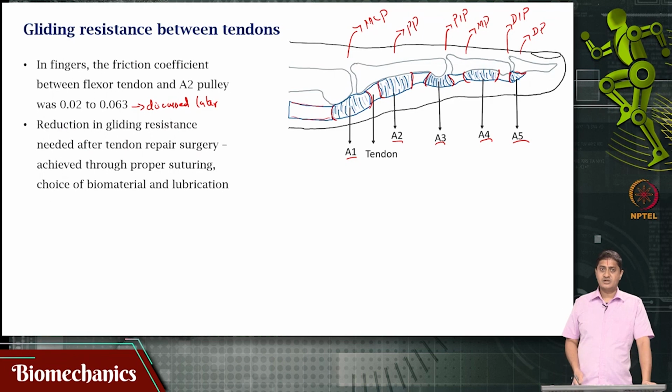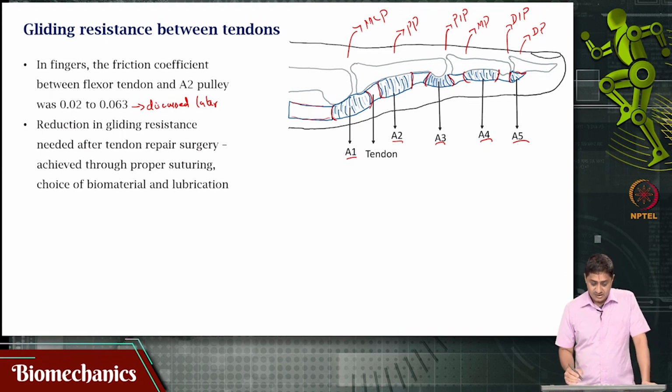The proximal phalange is called PP and the middle phalange is called MP. Just check this once. So, these are the 5 pulleys that are of interest for us: A1 pulley, A2 pulley, A3 pulley, A4 pulley and A5 pulley.